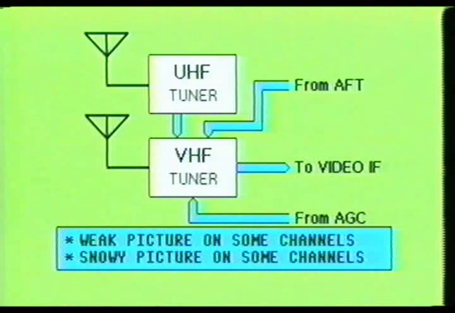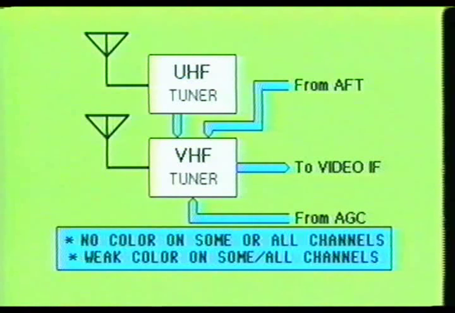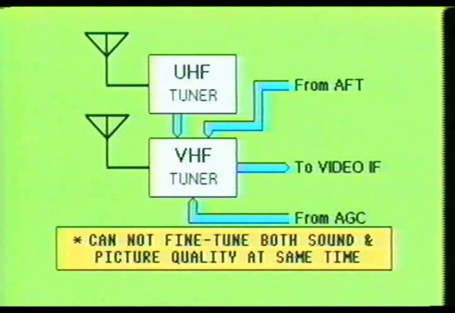The picture could also be weak or snowy on just a portion of the channels, while the rest of the channels are normal. Tuner defects can also cause the color to be missing or faded on just some or all of the channels.